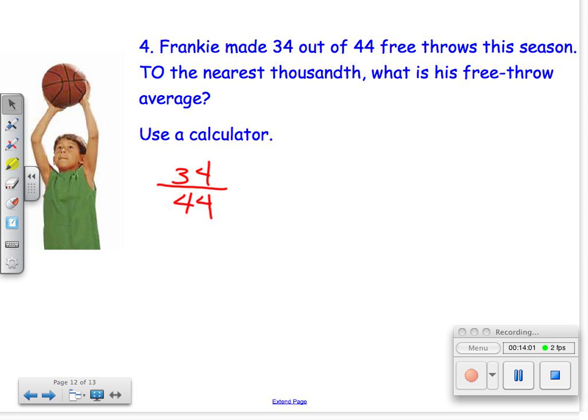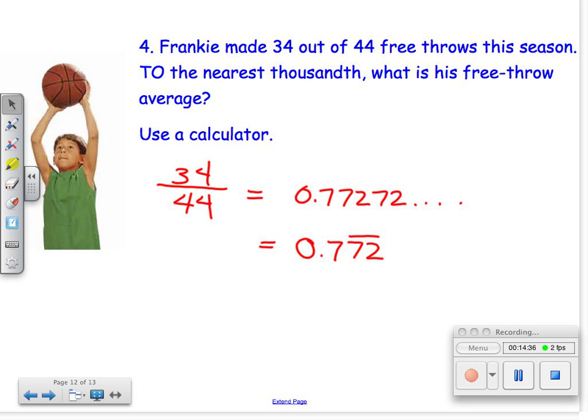For this, I am definitely taking out my handy-dandy calculator, and I'm going to say 34 divided by 44. Enter. And I get the number 0.77272, and so on. So how do I write that using bar notation? I would write 0.7, and then it's this 72 that repeats.